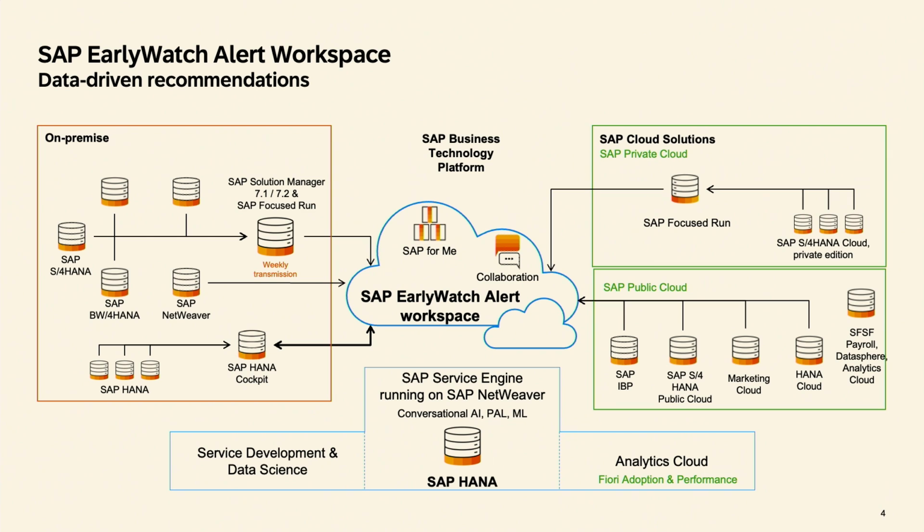But these hourly data we store for a real long time frame. So when you go into your HANA database, for example, you would get only the last, I think, 42 days or so of data. But if you go into our applications and dashboards, you can go back 4 years. Connected to this system is here also a service development and data science space and an analytics cloud environment.